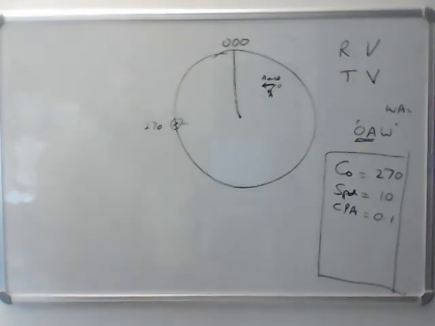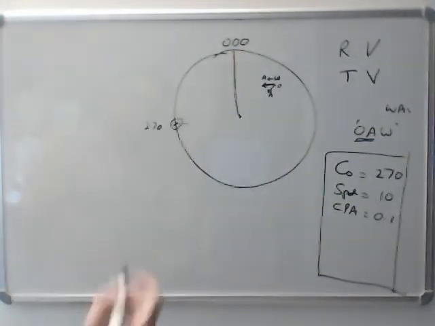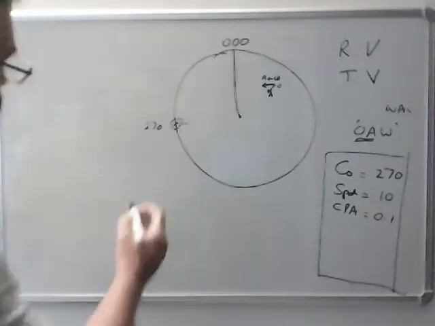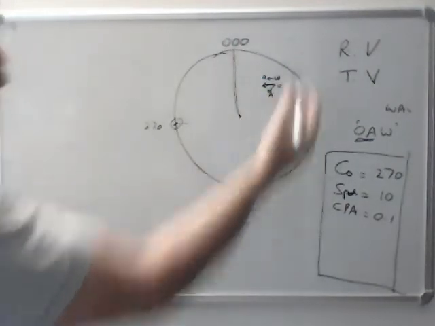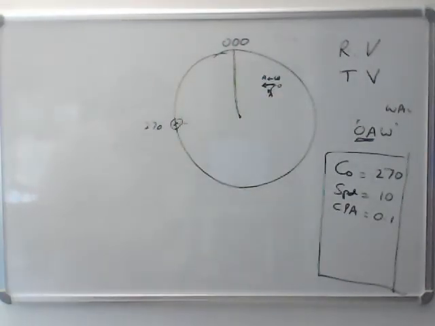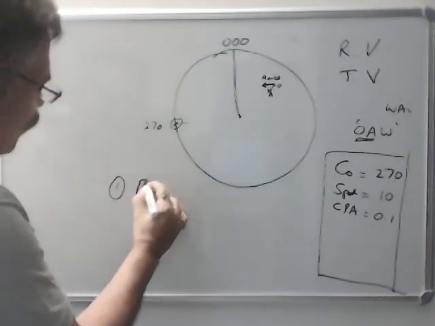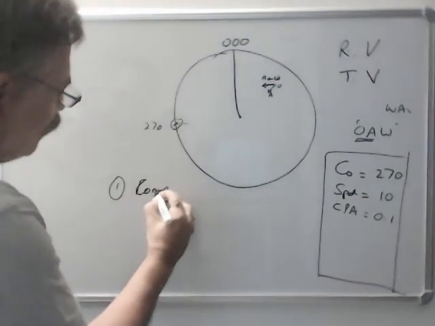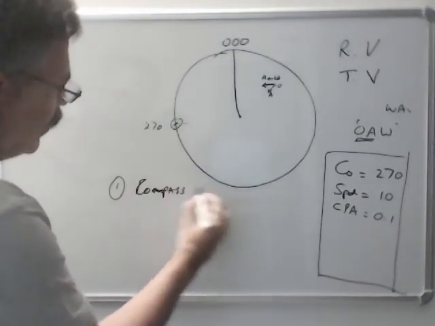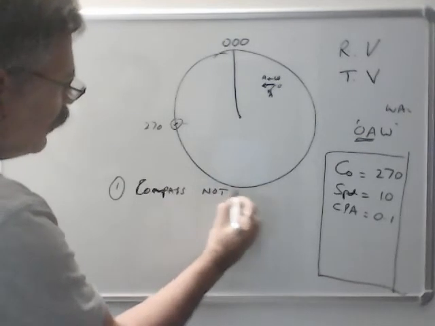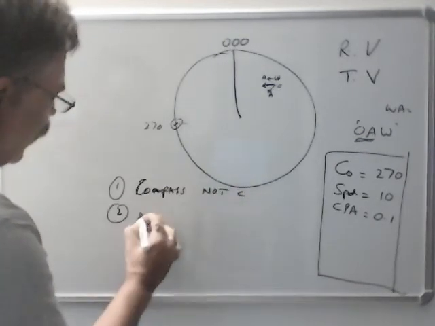So now, does risk of collision exist or not? In your rules of the road, it says risk of collision exists if the bearing of the target vessel does not change and the range is decreasing. So one is compass bearing, that is gyro compass bearing, does not change, and secondly the range is decreasing.